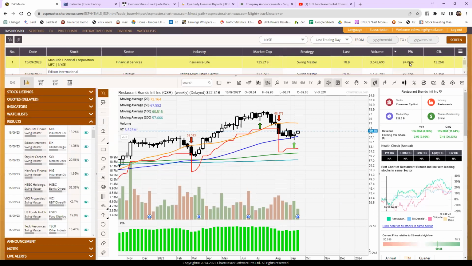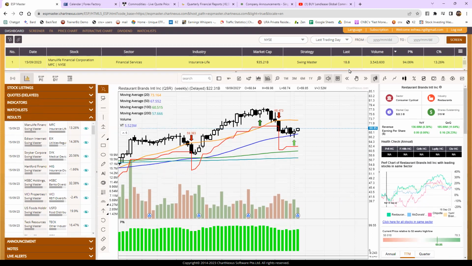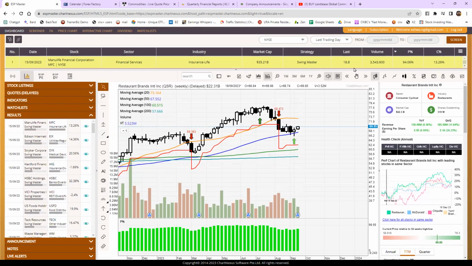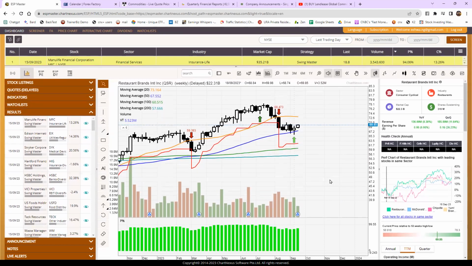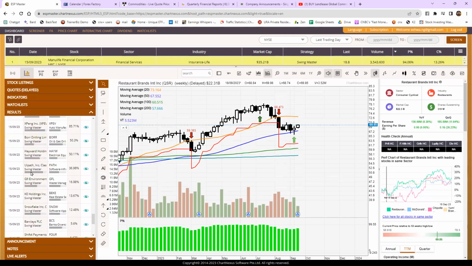It puts the stocks with the highest price momentum right at the top of the list so that we can focus on the strong momentum stocks first. I usually just hide the rest of the stocks, sort it, and make sure the 90s are on top. Then I go down the list and look for companies.